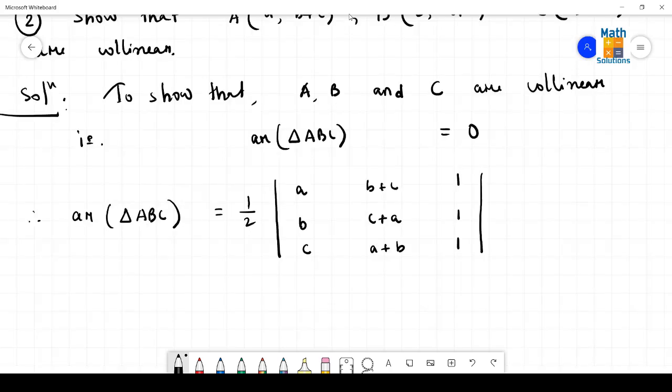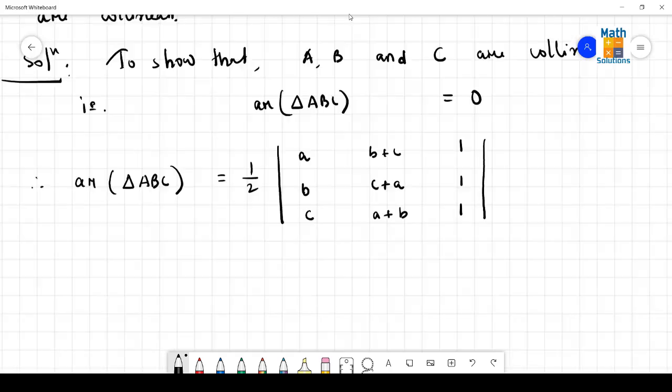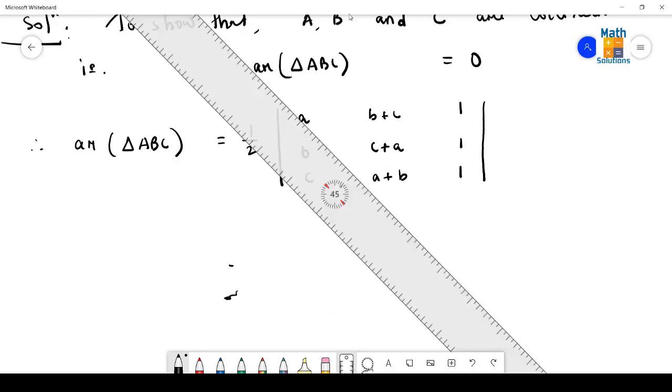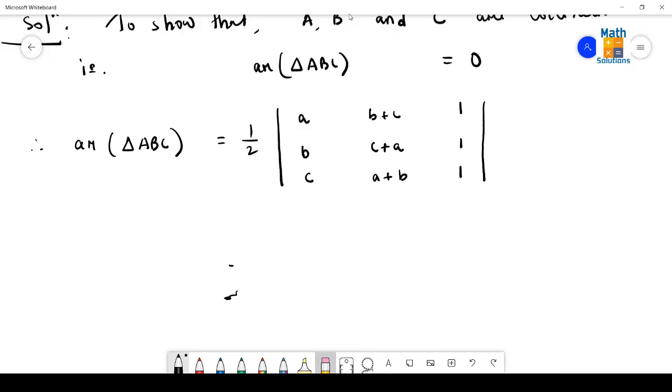Now if this is replaced by half, if we make changes like this, suppose C2 is replaced by C2 plus C1.